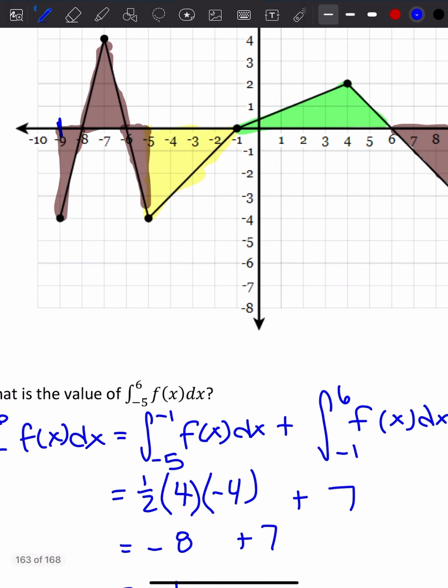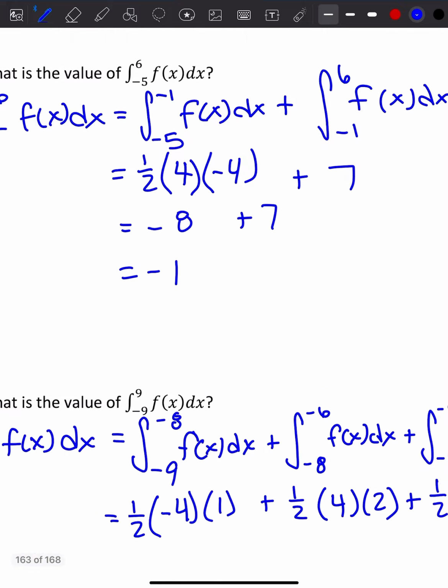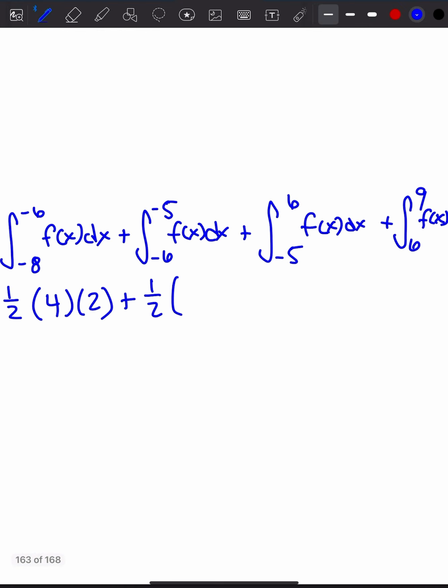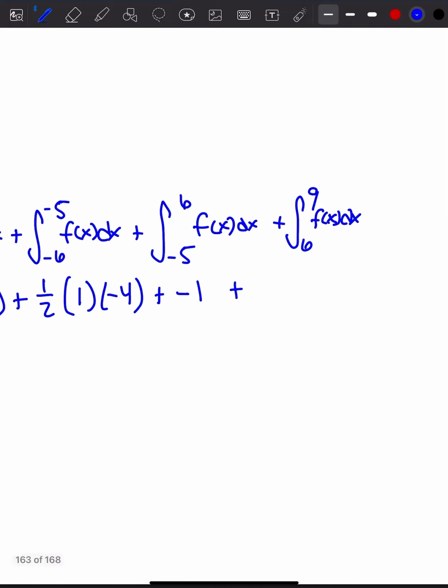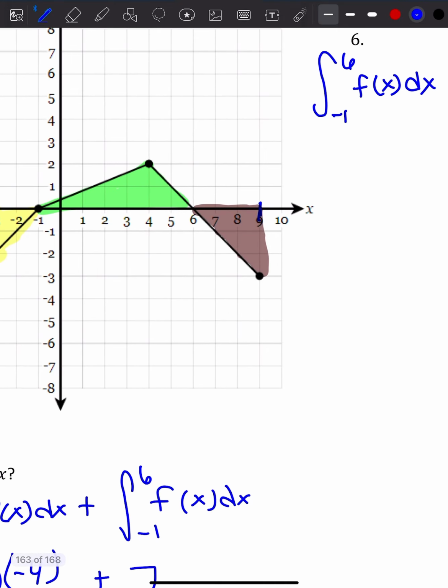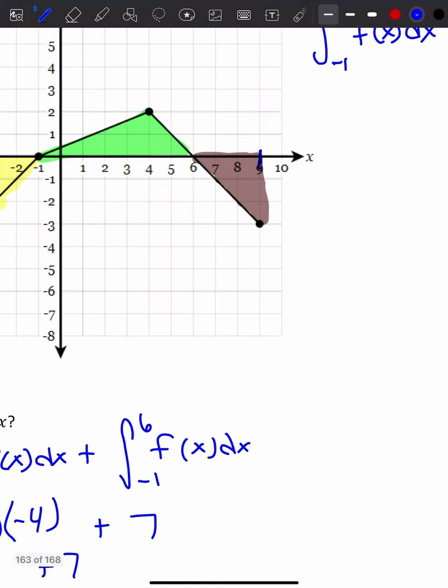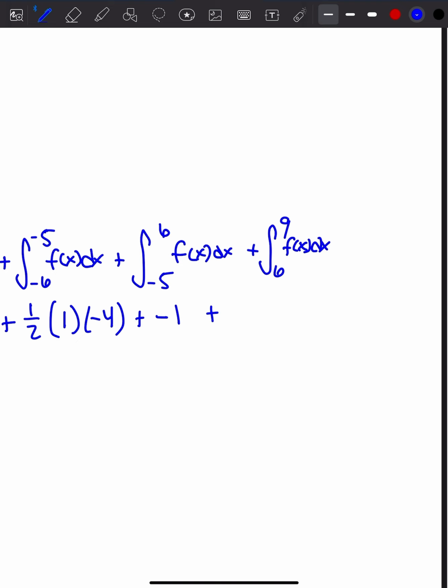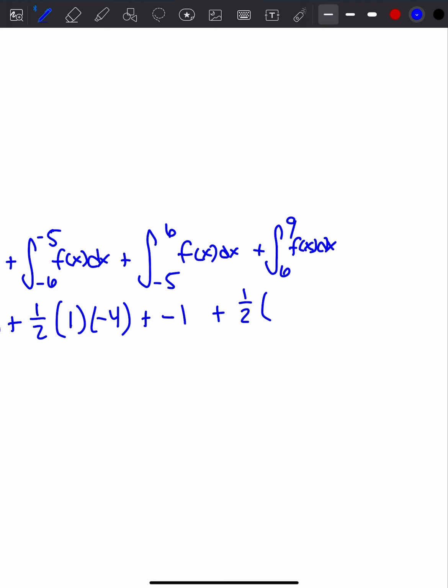Our base is 1. Our height is negative 4 again. We know the integral from negative 5 to 6 is negative 1. And then we have this last part from 6 to 9. So our base is going to be 3, and our height is going to be negative 3. So 1/2 times 3 and negative 3.